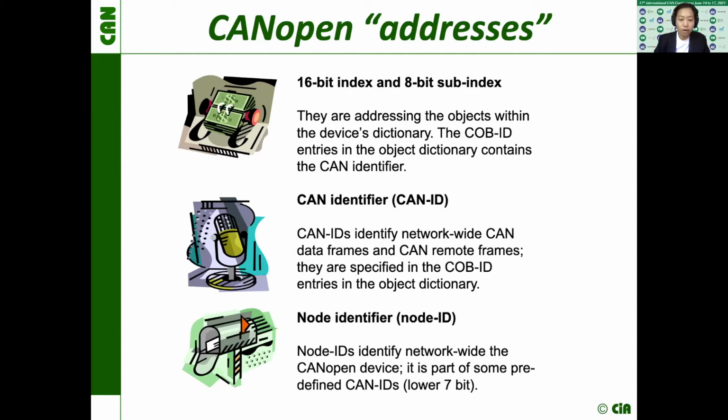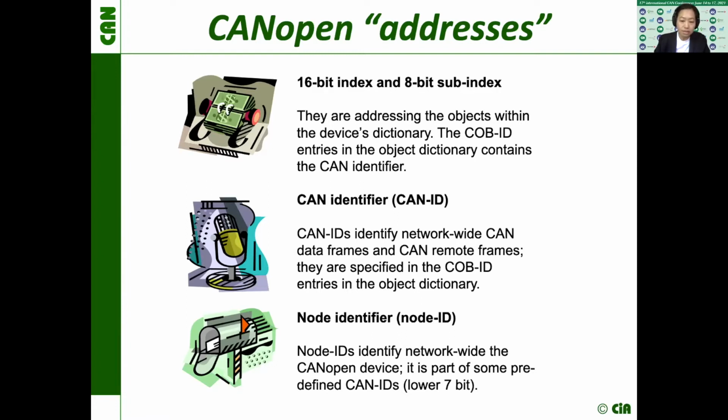For correct communication, as he said, the CAN IDs for different nodes and for different services should be different. And for CANopen, some predefined CAN IDs contain the node ID in the lower 7 bits. Each CANopen device shall be assigned a unique node ID in the range of 1 to 127.